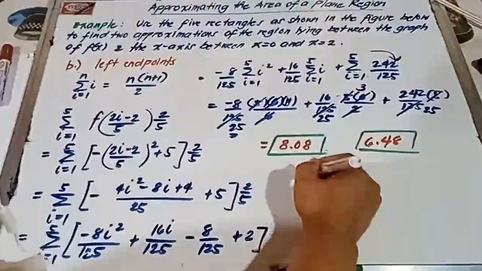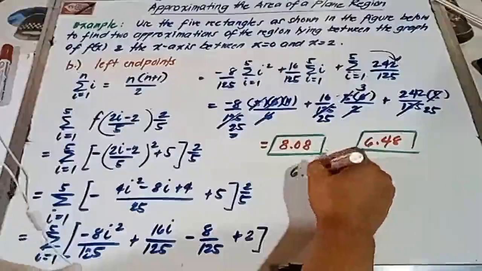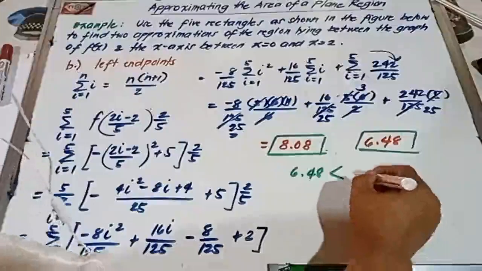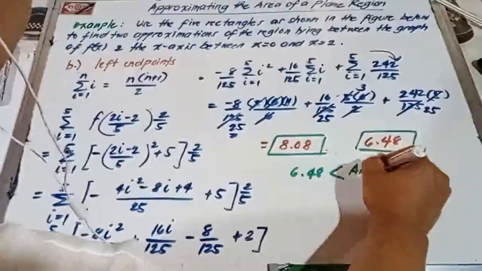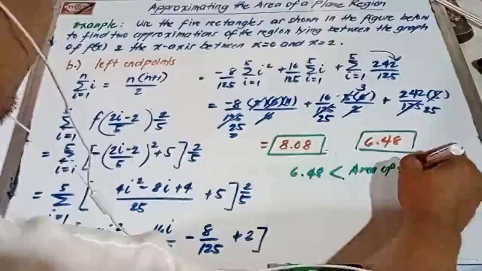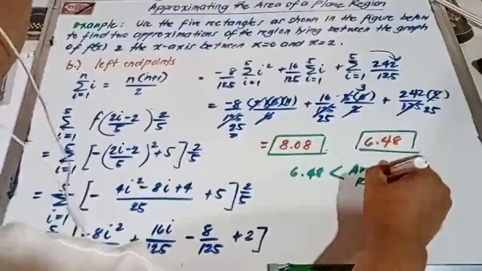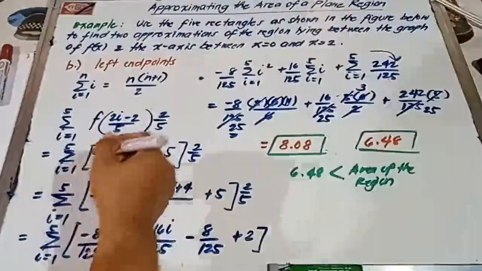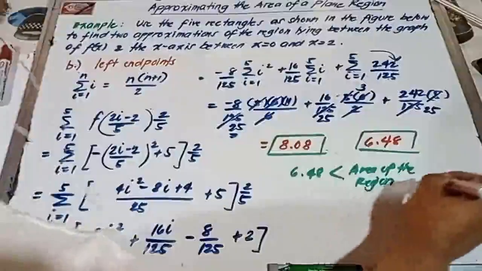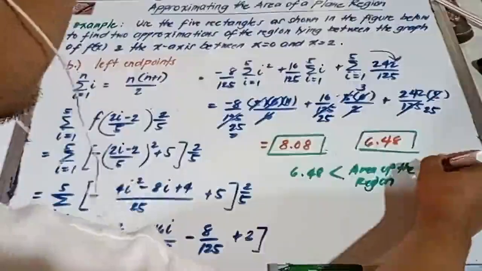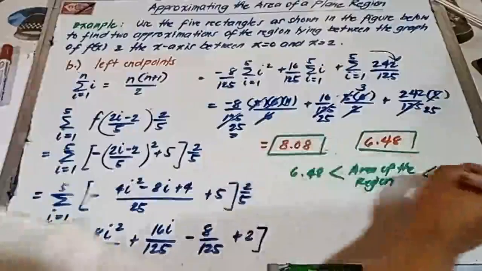Approximation lang siya. So mapapansin natin yung 6.48 is less than doon sa area na hinahanap natin, area of the region bounded by f of x and the x-axis, x equals 0 and x equals 2. At yung area ng region natin, less than naman yung sa 8.08.